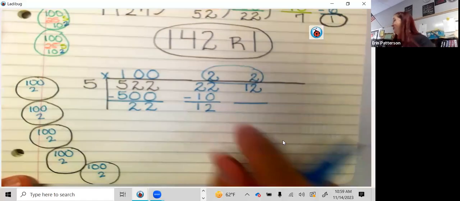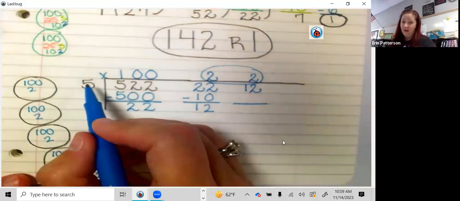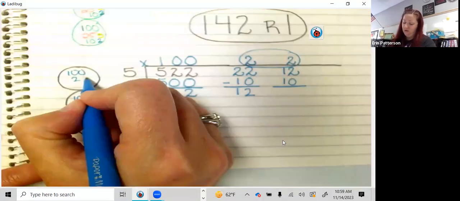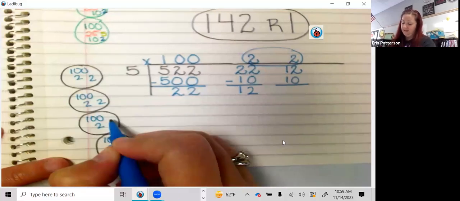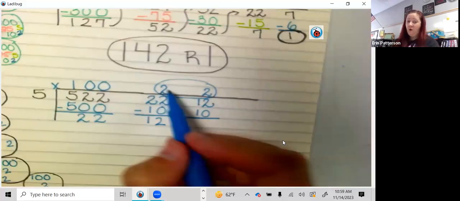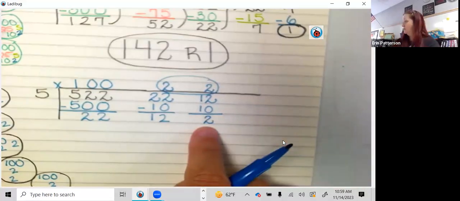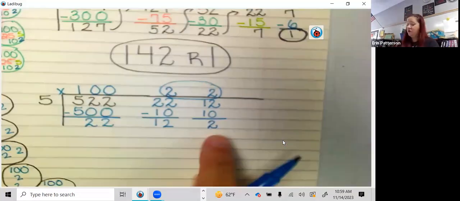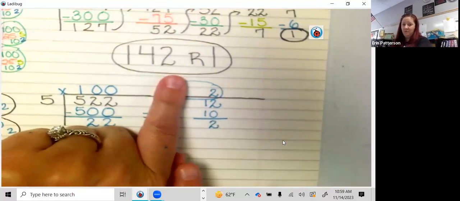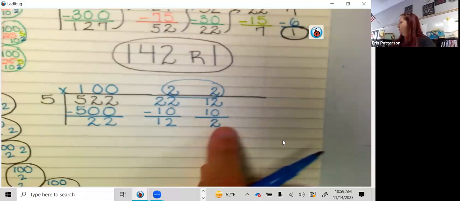Or we'll catch up to you, really, because we did an extra step. 2 times 5 was 10, because I gave 2, 4, 6, 8, 10. And so if you chose 4, that left you with 2. Okay, so if your friendly number that you chose was 4, you skipped this step. And you were left with 2.